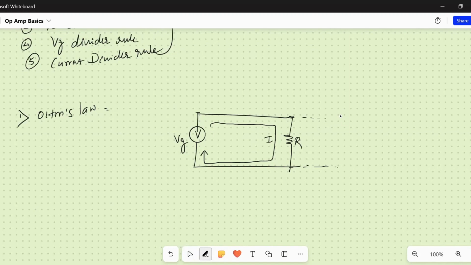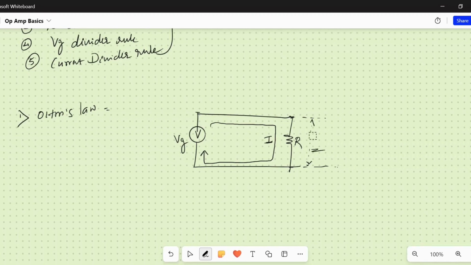I told you that there is an opposition to this current. So what happens while doing so is that there is a voltage drop. I call this voltage drop VR.